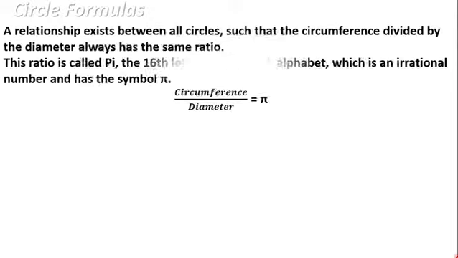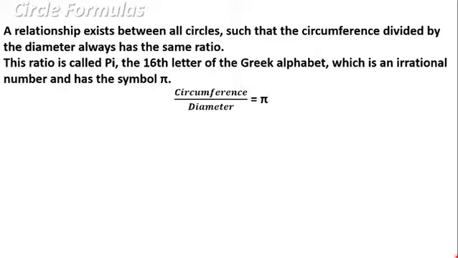Now, there is a relationship between all circles, and it is such that the circumference of a circle divided by the diameter of the circle always has the same ratio. So if you have a small circle, obviously you would have a small diameter compared to a larger circle, which of course will give you a larger diameter.